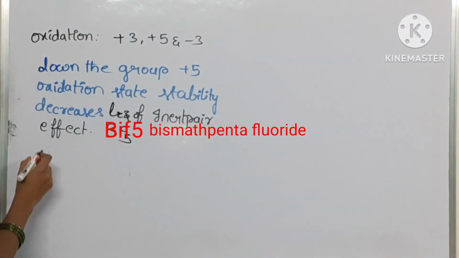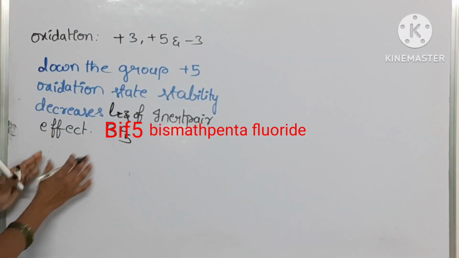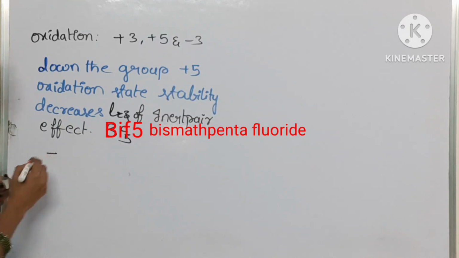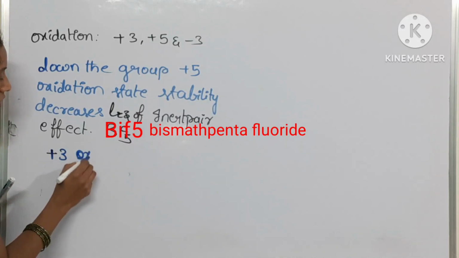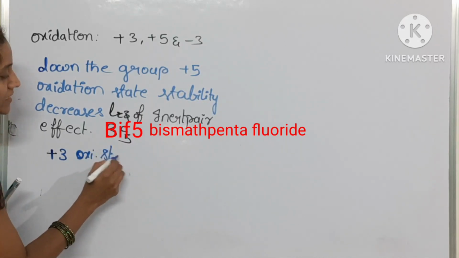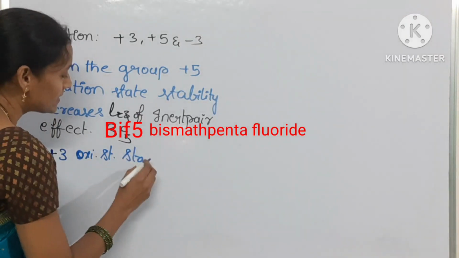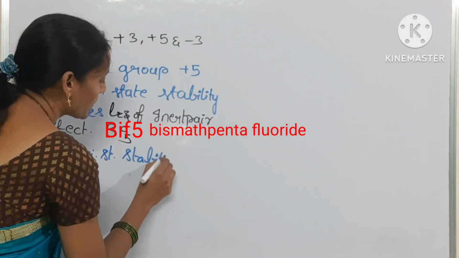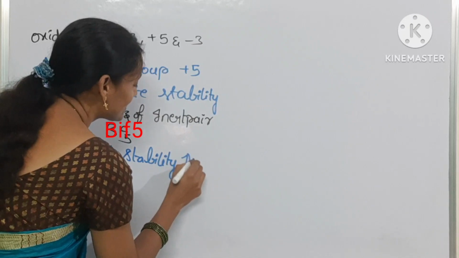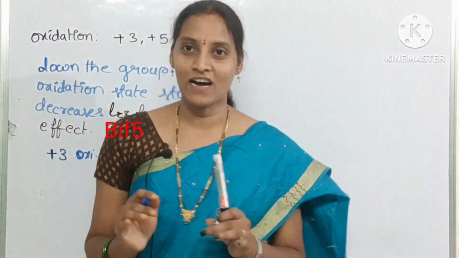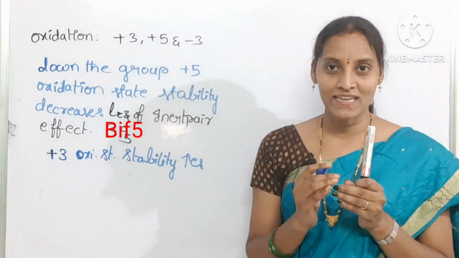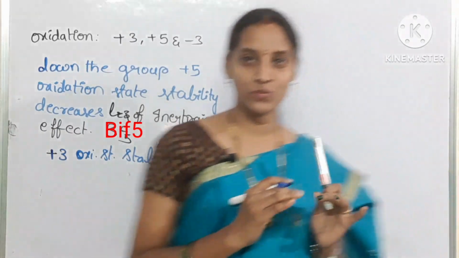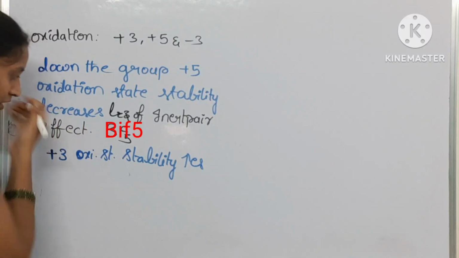Coming to the next one, down the group, +3 oxidation state stability increases. What is the reason here? With increasing size, the shielding effect also increases.